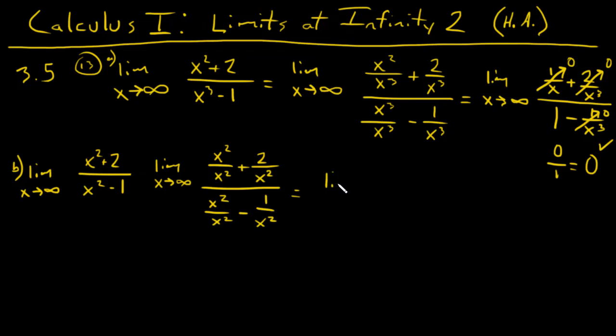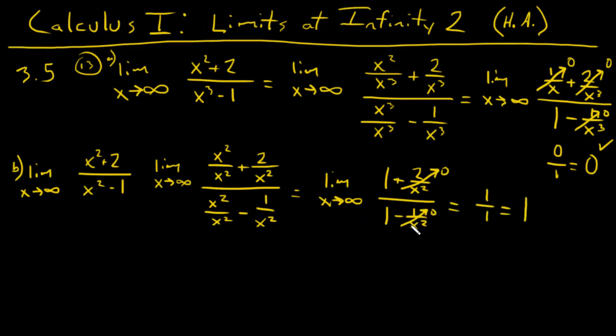That's going to be the limit as x goes to positive infinity of 1 plus 2 over x squared, over 1 minus 1 over x squared. I now apply the limit. This is going to go to 0. This is going to go to 0. I'm going to be left with 1 over 1, which is 1. So I will have a horizontal asymptote at y equals 1.